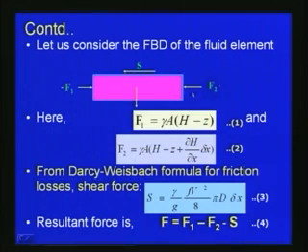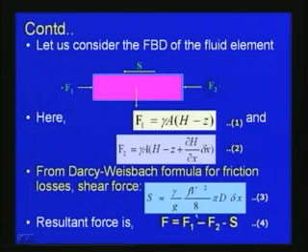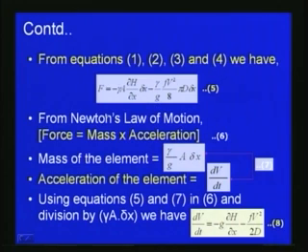So, this is F1, F2, S. Here F1 is in this direction, this is F2. So, F2 minus S. Finally we got the resultant force F is equal to minus gamma A del H by del X into delta X minus gamma by G into F E square by 8 into pi D into delta X, as given in equation number 5.